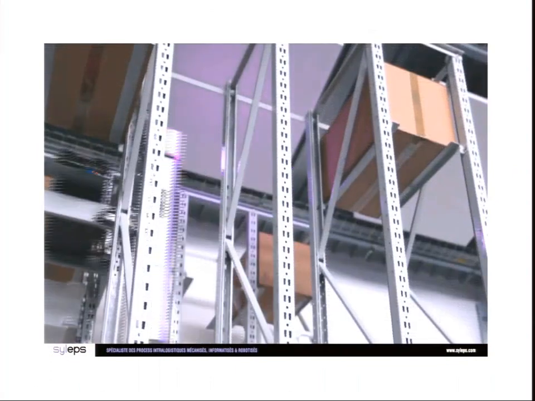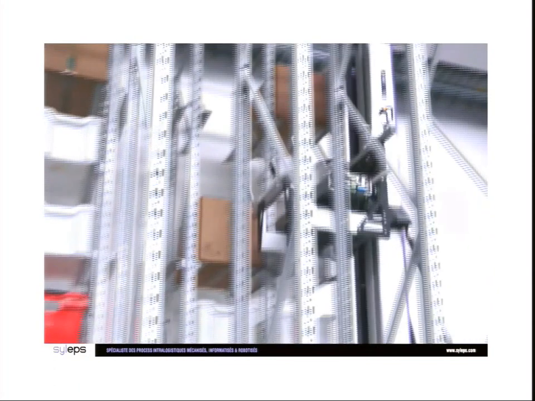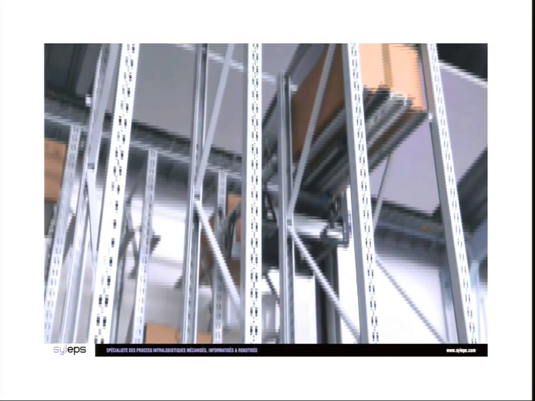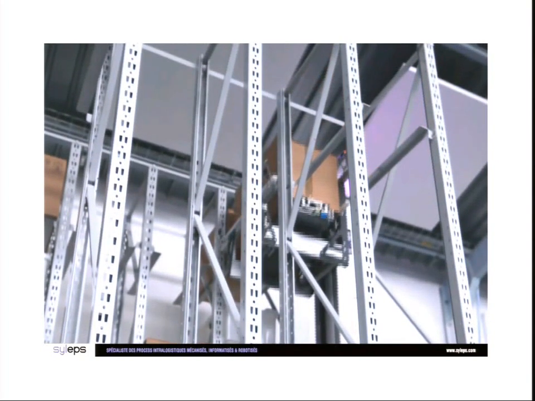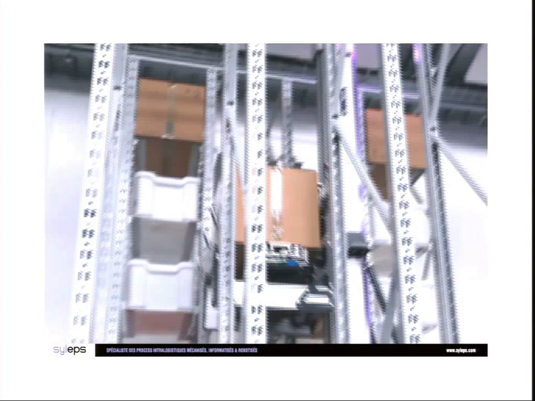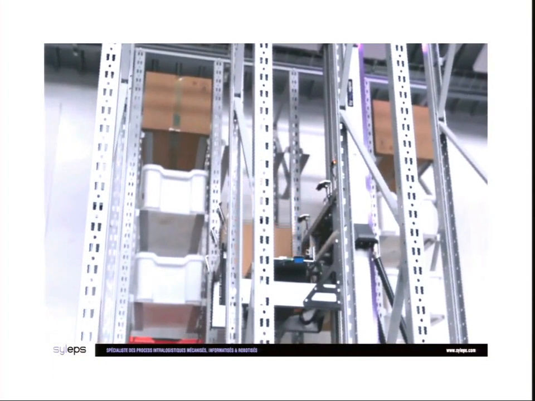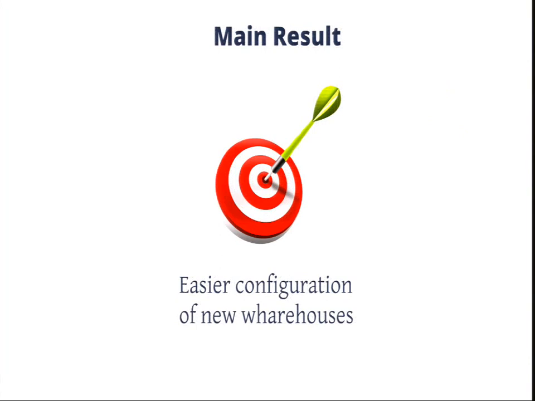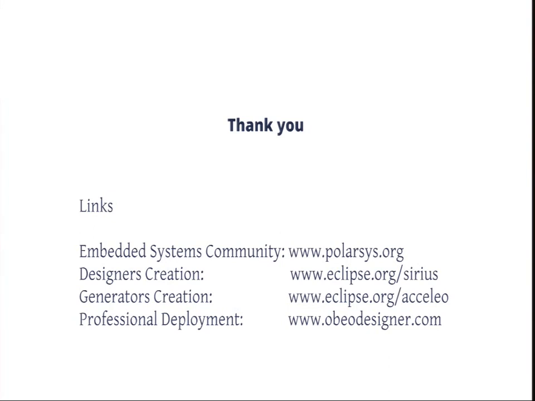Then it automatically configures the system which pilots the movement of the goods in the factory. Before this, it was just very complex XML. By having something more visual, they sell more products because it's more sexy. Okay, this is the last one. So thank you. If you have questions, I don't know if we have time for questions.